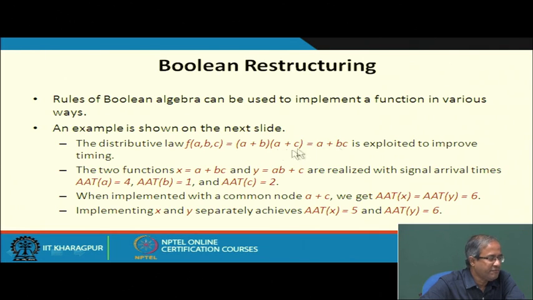So, this kind of a distributive law you can use to improve timing, and in the example we are taking two functions, one is x equal to A or BC, other is y equal to AB or C. Right. We shall come back to this. Let us see the functions first.